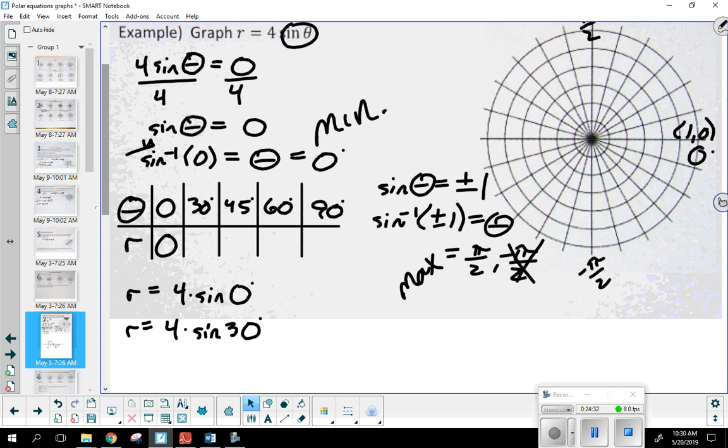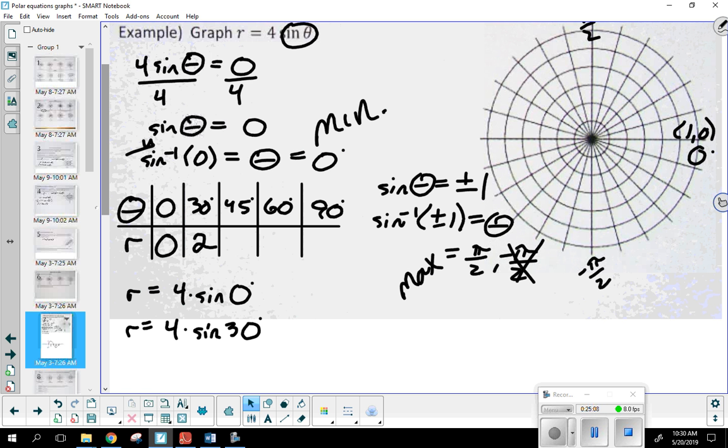Well, no. What's sine of 30 degrees? 2. Okay, we're close. No. Somebody want to help me out? What's sine of 30? 0.5, so 1/2, and then half of 4. That's 2. So were you telling me sine of 30 was 2, or the final answer was 2? Say final answer. There you go. Okay. So that's 2. All right.